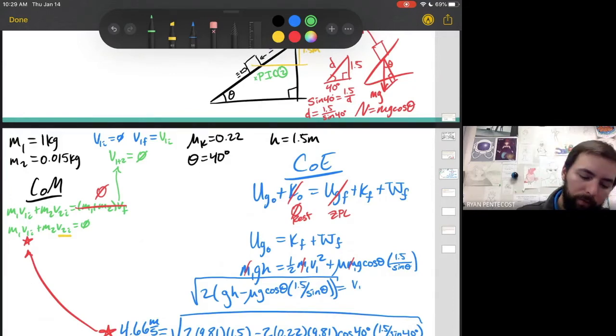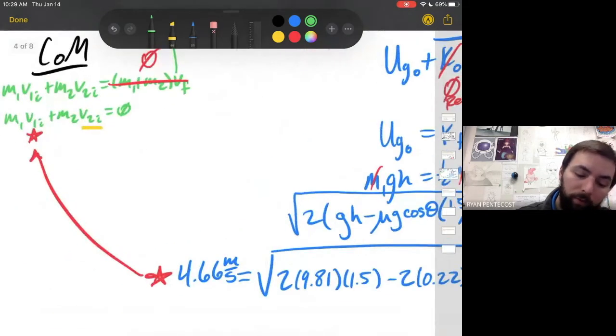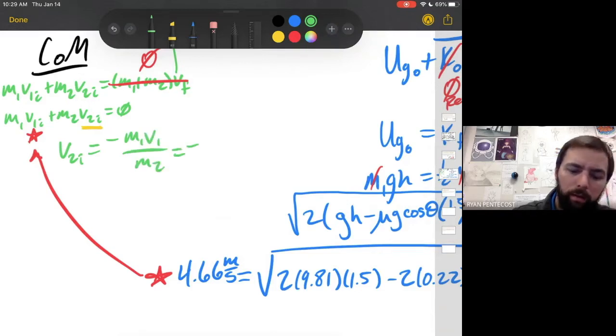So if we want to solve for V2, you can subtract everything over and divide. You've got V2 initial equals negative m1 V1 divided by m2. So you've got negative 1 kilogram times that velocity we just solved for, 4.66, divided by mass 2, which is 0.015.